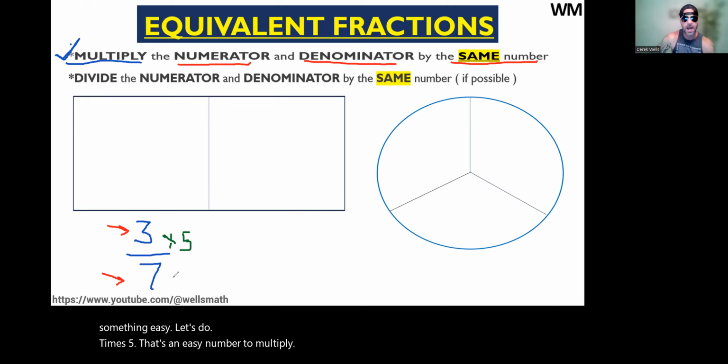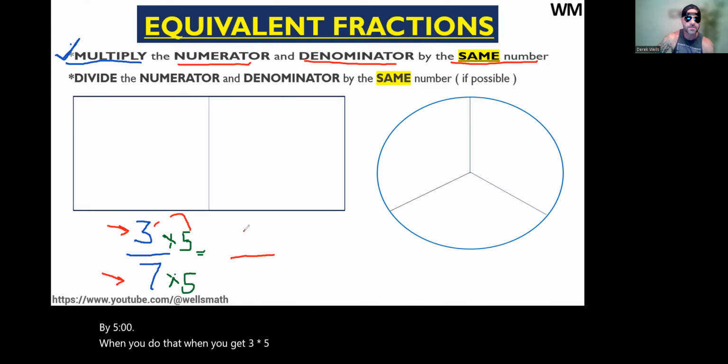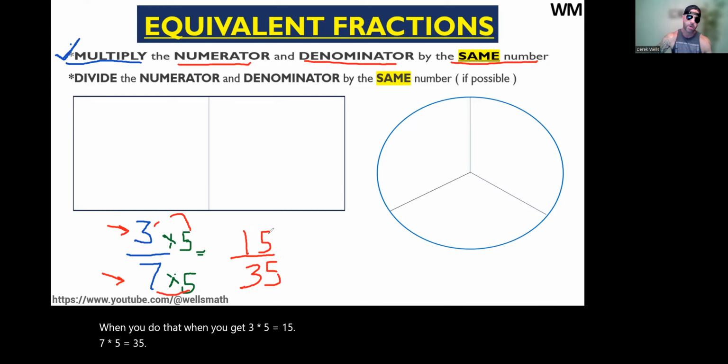But you have to multiply the top and the bottom both by 5. Well, when you do that, 3 times 5 equals 15. 7 times 5 equals 35. So 3/7 is equivalent to 15/35. And you could do this with any number.